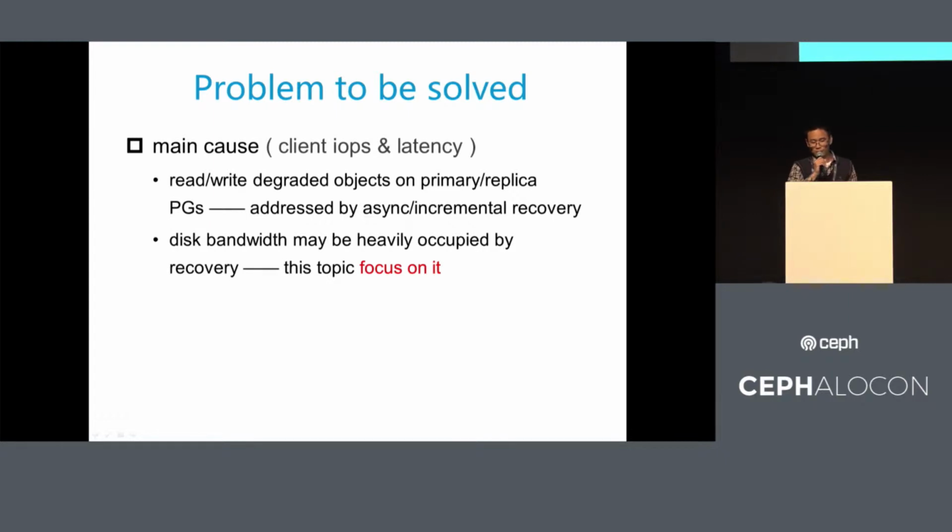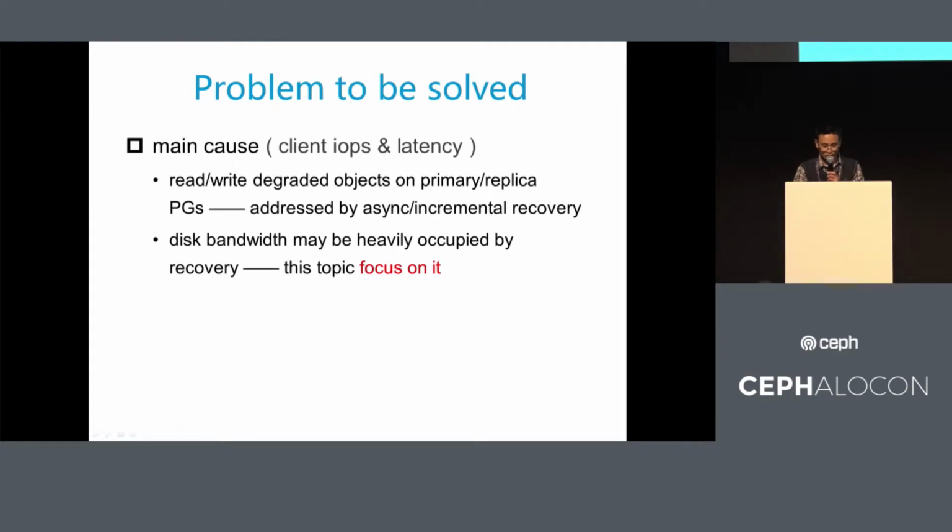Read and write OP will be blocked until the degraded object is recovered, which results in great performance reduction. This is the first cause. And fortunately, it will be solved by single recovery and incremental recovery in the near future.